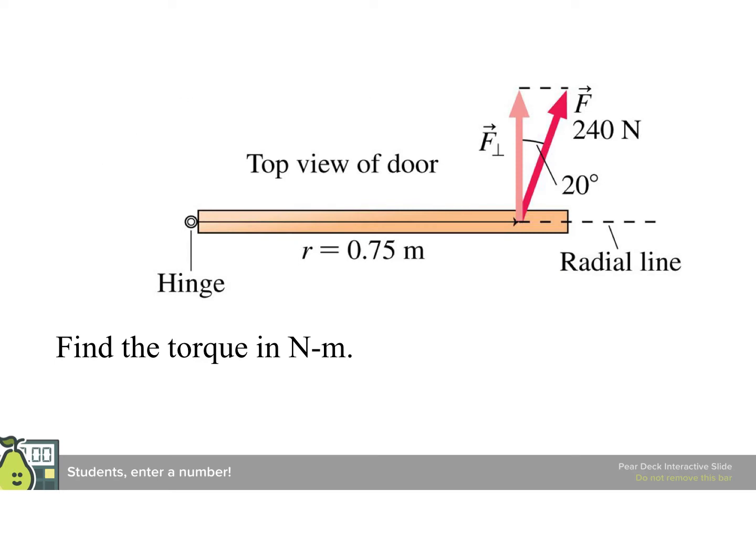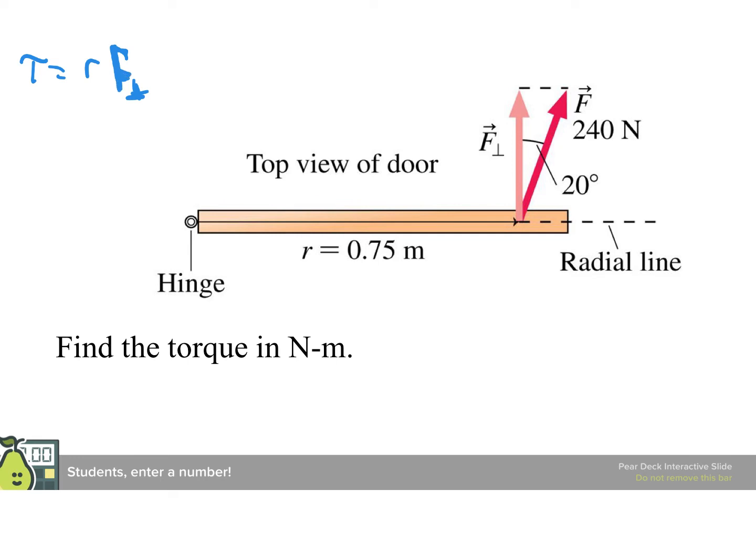All right, here we have a top door view of a door, and we're asked to find the torque in Newton meters. So go ahead and do that. We might be saying that, for instance, tau is r F perpendicular. They've kind of suggested that we do that, with S drawn. So then we have to find F perpendicular.